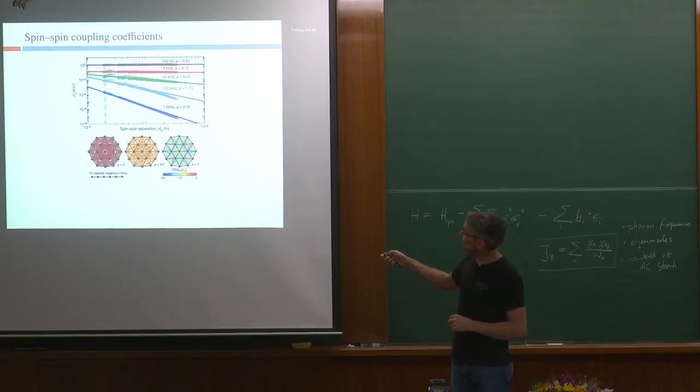So for one kind of parameter value, you get an interaction that is essentially not decaying with distance. And so this is alpha equals 0 if you want.